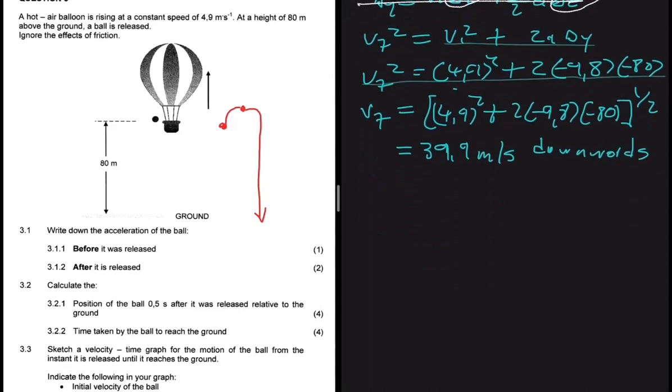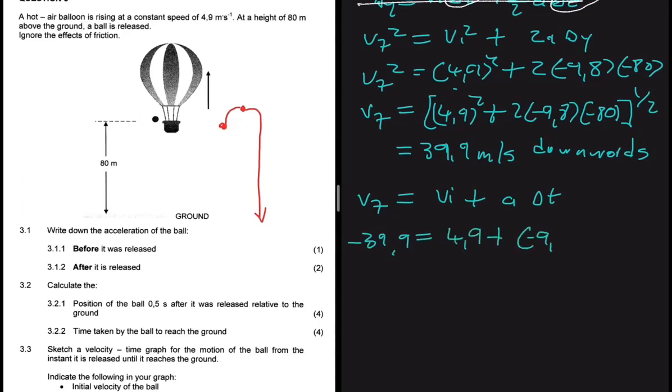I can then say that Vf equals Vi plus a delta t. What is Vf? Vf is minus 39.9. And what is Vi? Vi is 4.9, plus a, which is minus 9.8, multiplied by delta t.